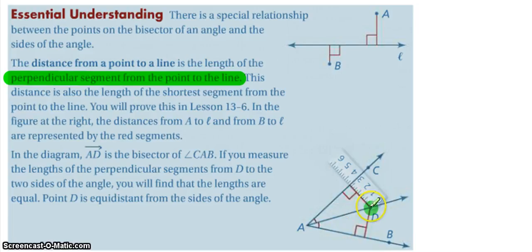Then I draw a line from D out to my ray AC, and a line from D out to ray AB, paying attention that these have to be perpendicular when they meet the rays. These two distances from D to each ray will be congruent with each other, and they're also the shortest distance from the bisector to the ray, because if I go at not a 90-degree angle, it will be a longer distance to travel.